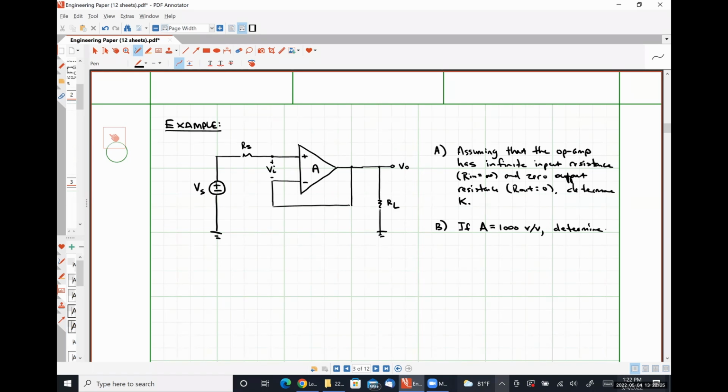Let's determine our closed loop gain AF and our amount of feedback, 1 plus KA. All right.